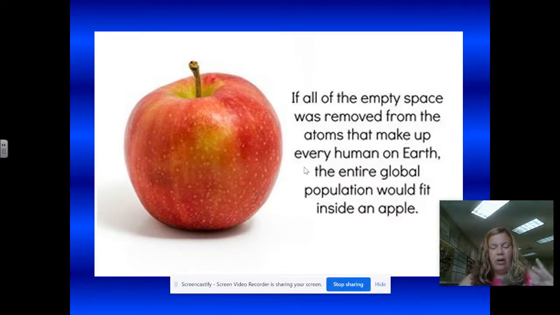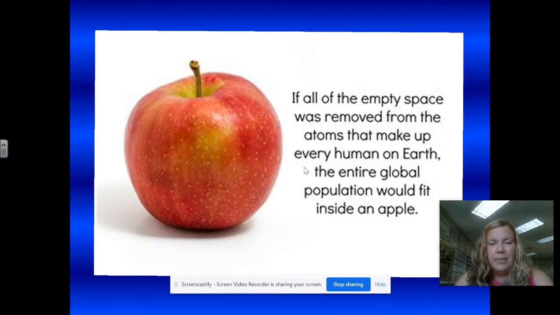So think about it, if we took all the empty space out of the atoms that make up all the molecules in our body, all of our cells volume-wise could fit into an apple. That's insane to think about.